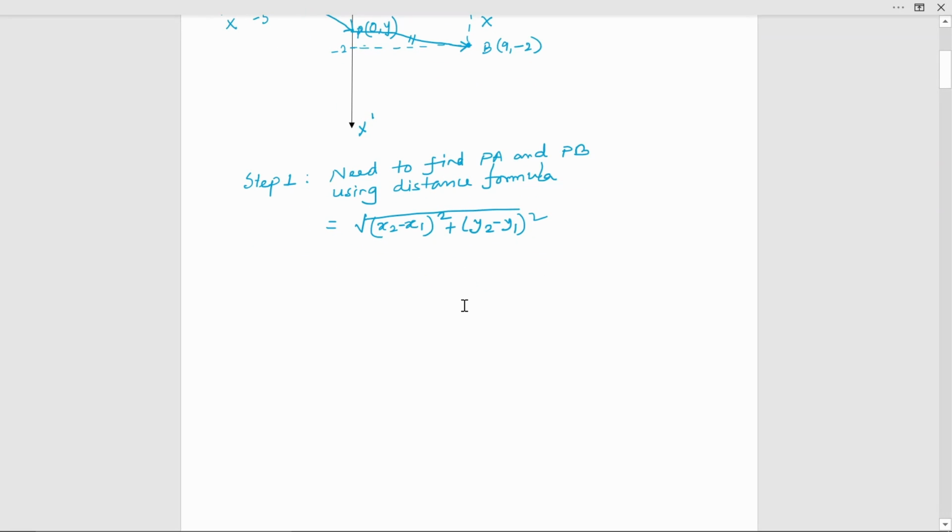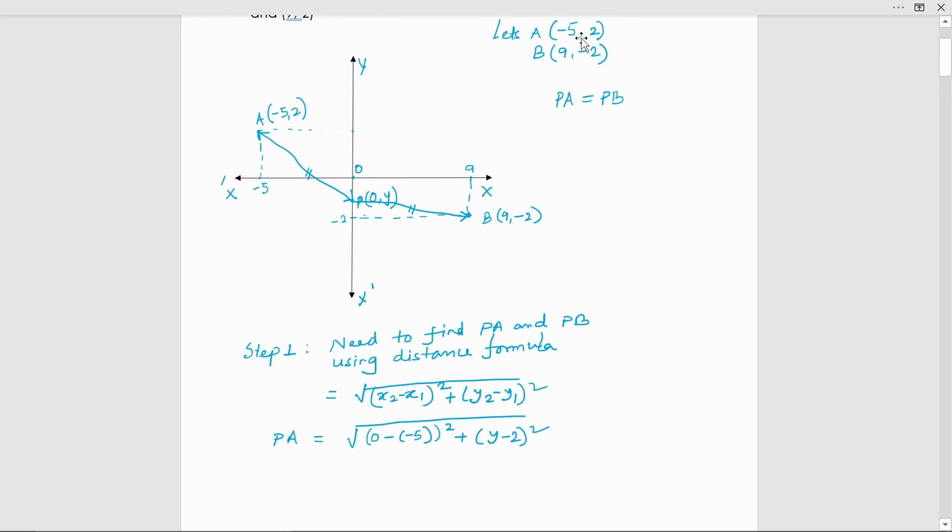So let's find PA. PA is equal to root over of 0 minus 5 square plus y minus 2 square. We can see this is 0 and minus 5, and this is y and 2, so y minus 2.